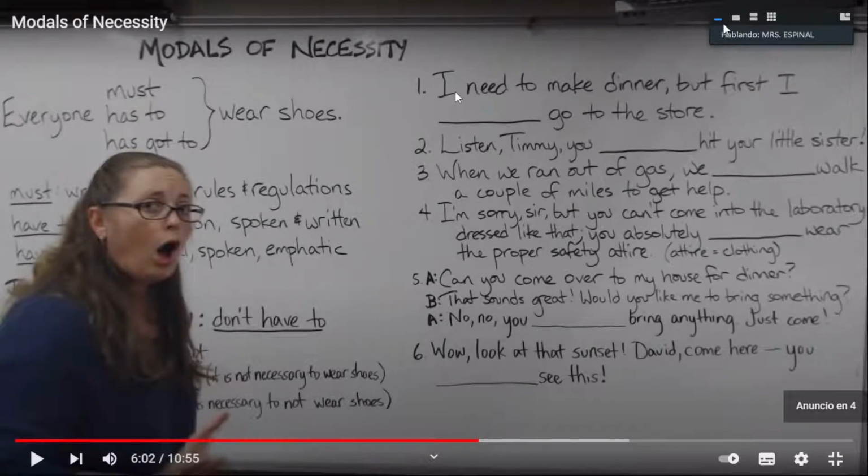So in the first sentence, I need to make dinner, but first I blank to go to the store. What do you think is the answer? But first I have to go to the store. Okay, I have to go to the store. Very good. Listen, Timmy, you must not hit your little sister. Must not, okay?